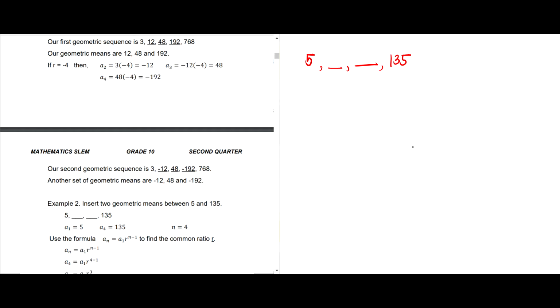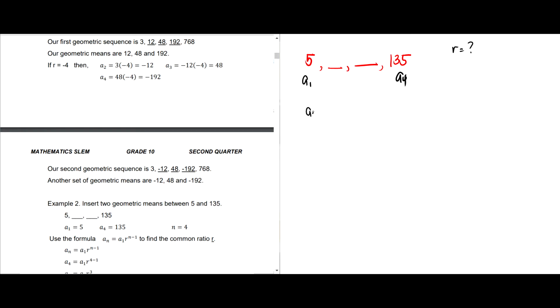Sometimes you can guess because the difference is quick to see. But of course, what's the use of the formula if you're going to guess the answer? So, we have here your a sub 1, your a sub 4. So, your r is unknown.